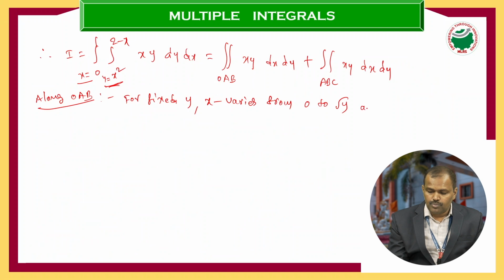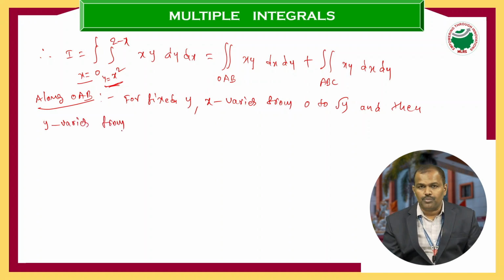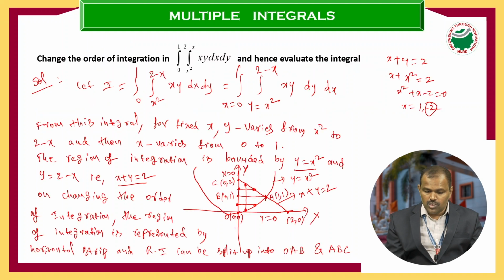And then y varies from where to where? From the figure only. Y means vertical. So here the y limits are 0 to 1.